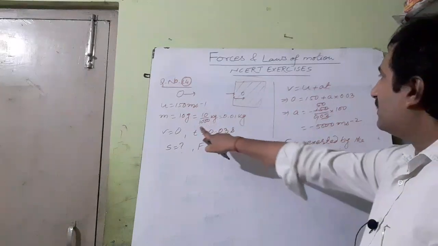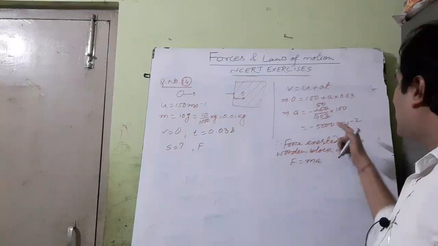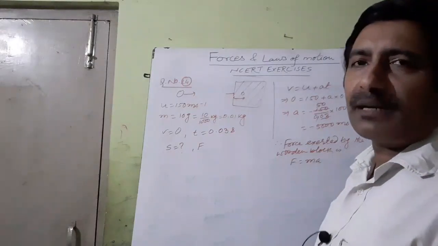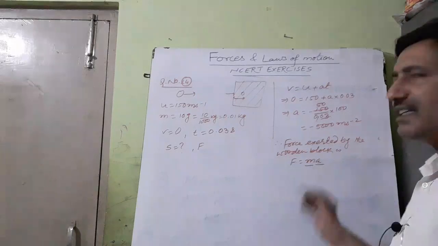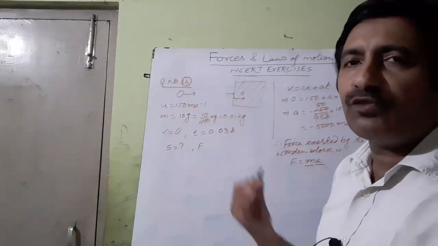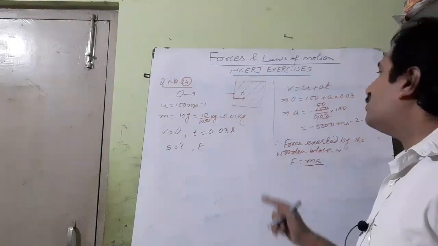So you already have m 0.01 kg and a minus 5000 meter per second square. By substituting the value of mass and acceleration, you can find the value of force. Is it clear?